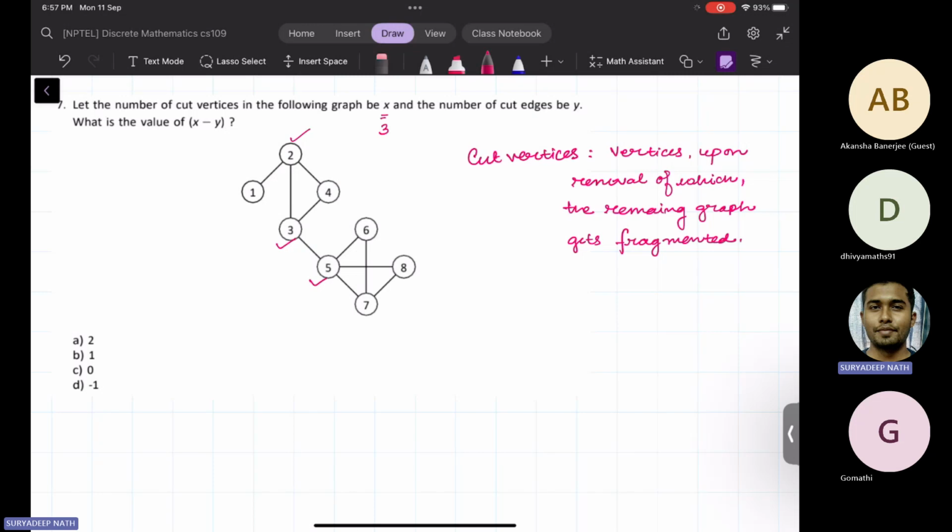What are the cut edges in this graph? I'll go one by one. What about the edge between 1 and 2? If I remove it, will the graph become fragmented or not? Yes, it will become fragmented, so 1 and 2 is a cut edge. Between 2 and 3, what do you think?